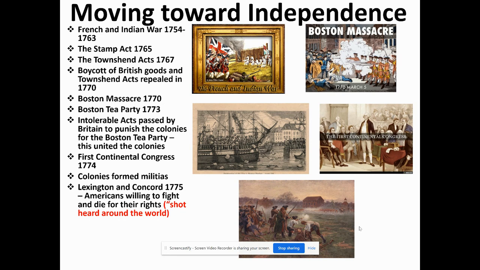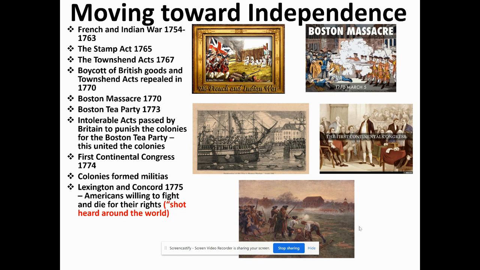And so the colonists are getting upset about how the British are treating them. The British are trying to gain money to pay for the war that defended the colonies. That's a very simplified version of that.